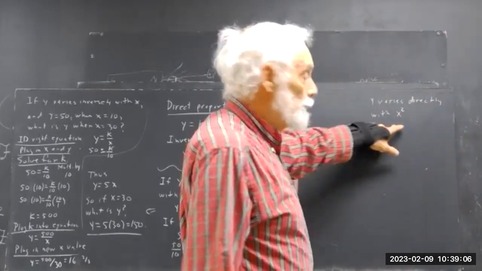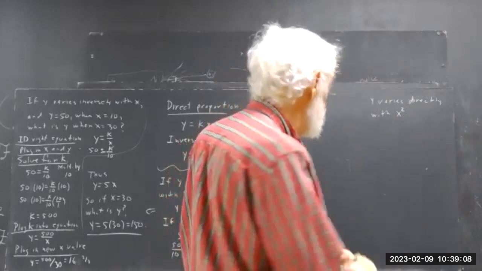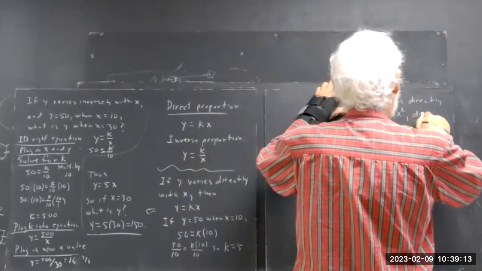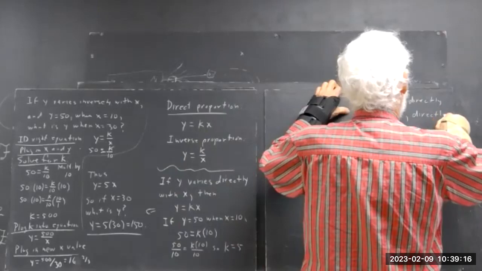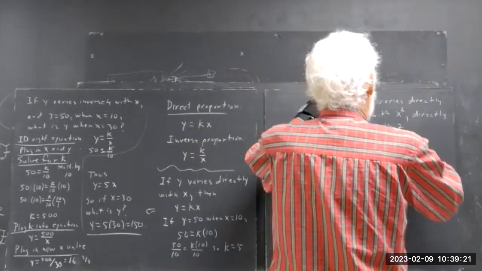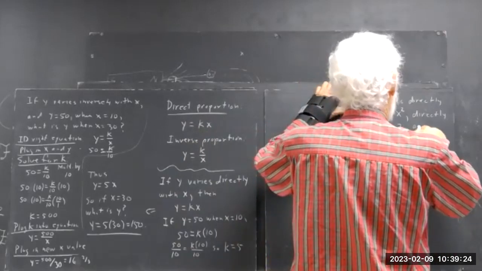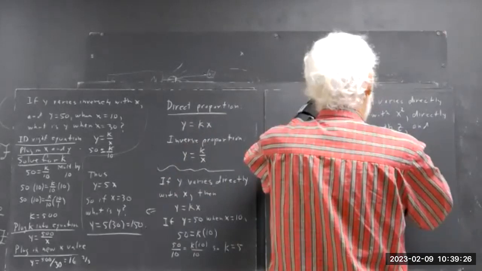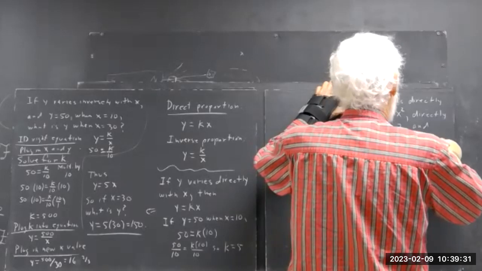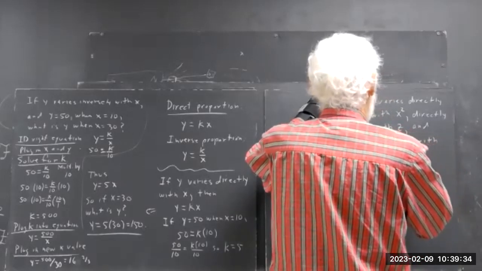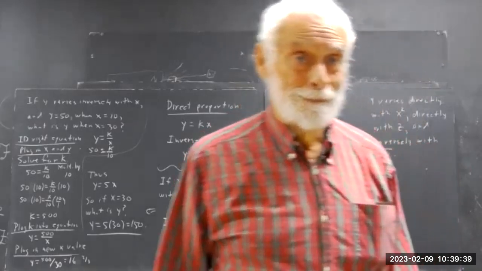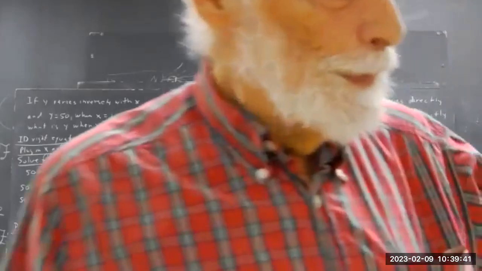I'm going to say Y varies directly with X squared, directly with Z, and inversely with the square root of W. See if you write out an equation.